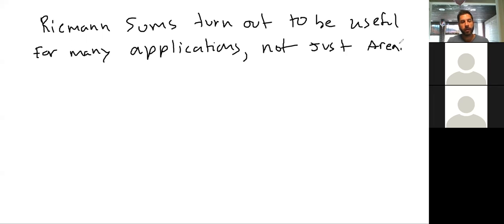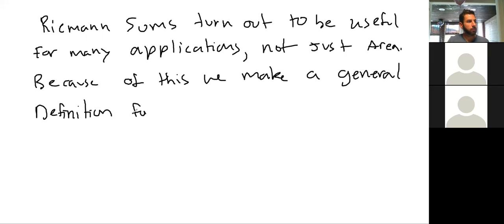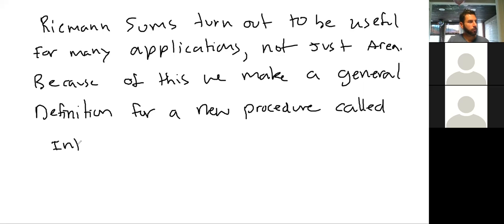So that's what I'm trying to say. And so because of this, we make a general definition for a new sort of procedure. And for some of you who are in the know, this procedure is called integration.